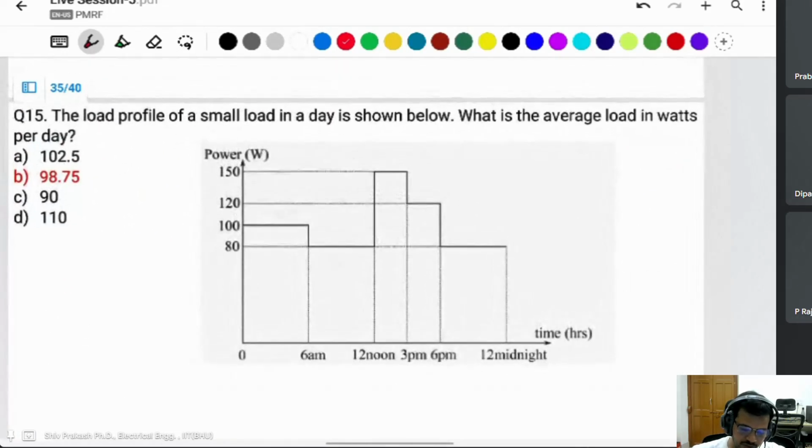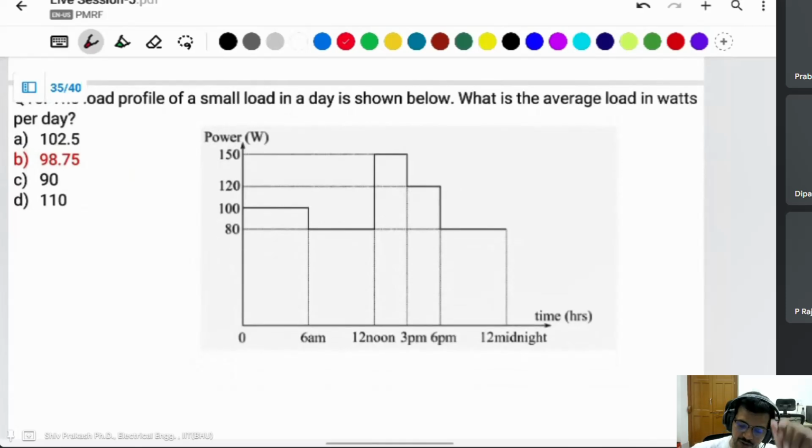Another question here. The load profile of a small load in a day is shown below. What is the average load in watts per day? Total load is given. The 0 means 12 midnight, 6 a.m., 12 noon, then 3 p.m., 6 p.m., then 12 midnight, and average it over 24 hours.